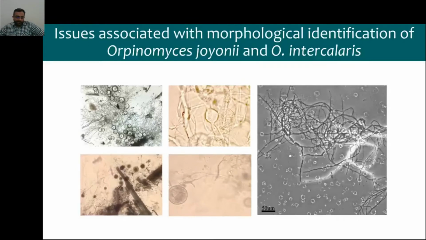As I mentioned, if the sporangia are produced, we can easily identify and differentiate Orpinomyces into its two species based on the presence of the sporangia. If it is intercalary, it is Orpinomyces intercalaris, or if it is at the terminal end of the sporangiophore, it is Orpinomyces joyonii.